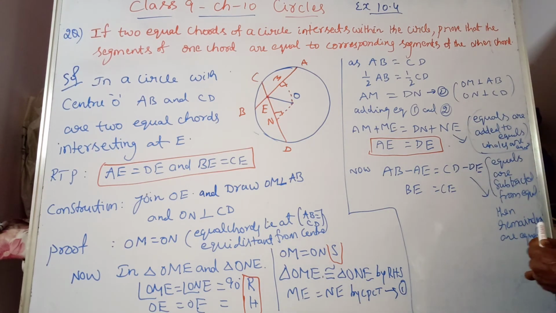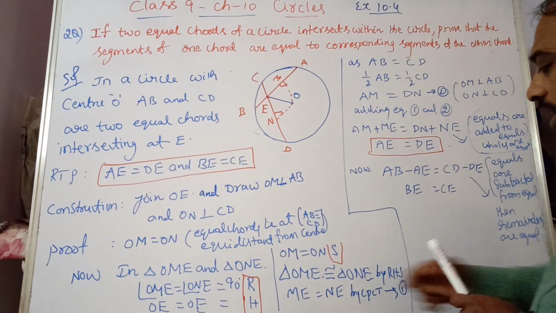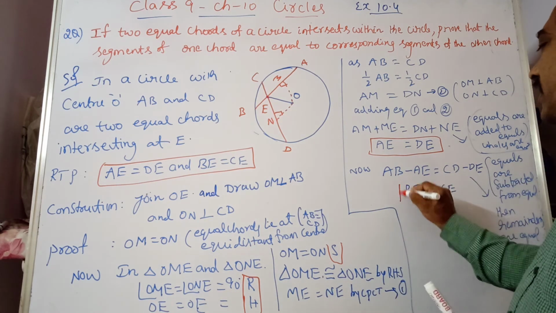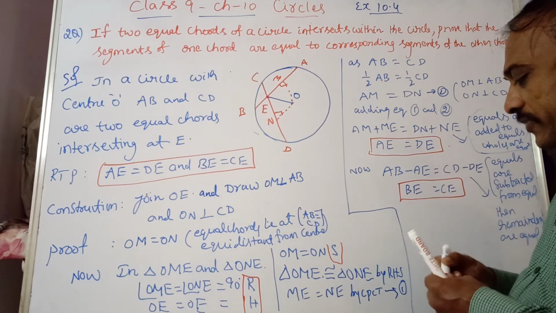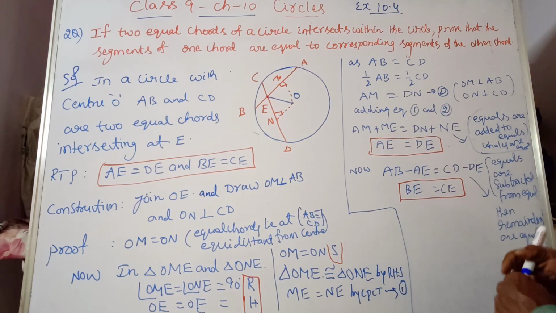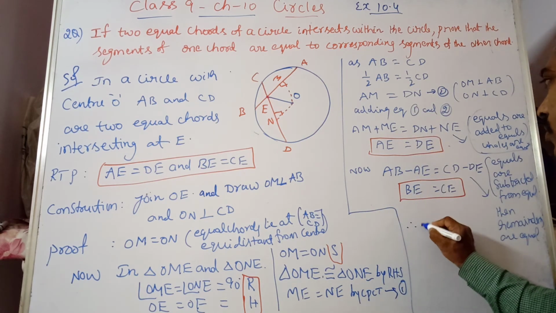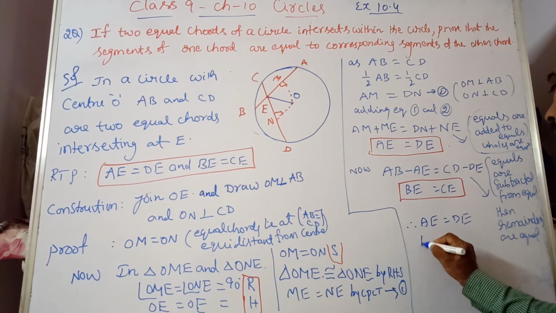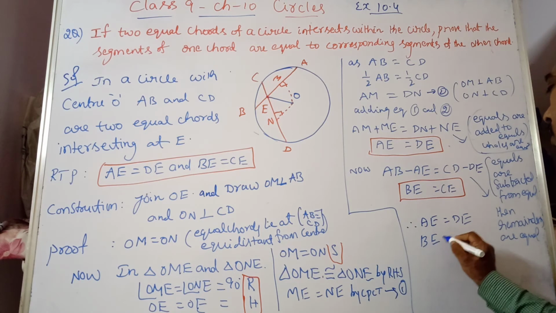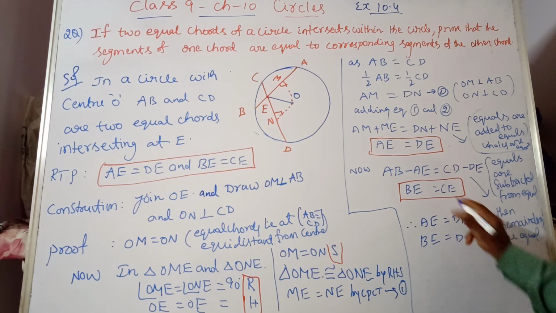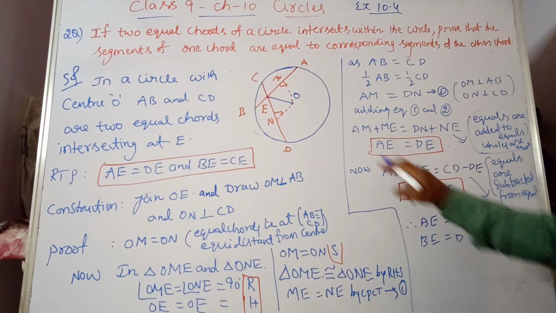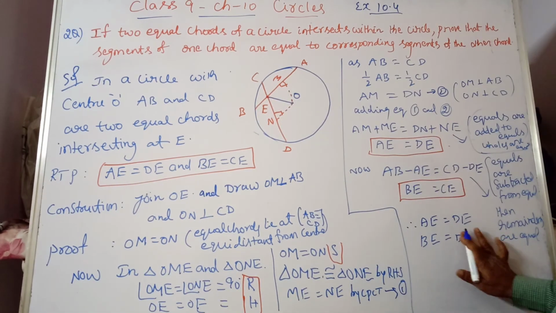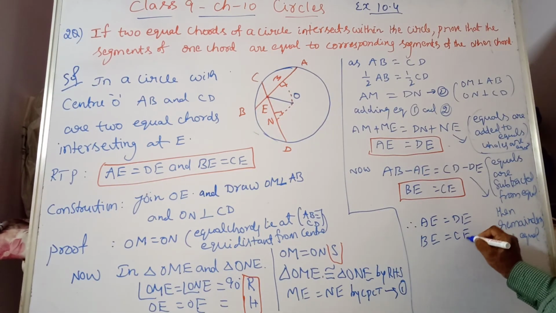So BE is equal to CE. Therefore we got the corresponding segments that were asked, one segment to the other segment. Therefore AE is equal to DE and BE is equal to CE.